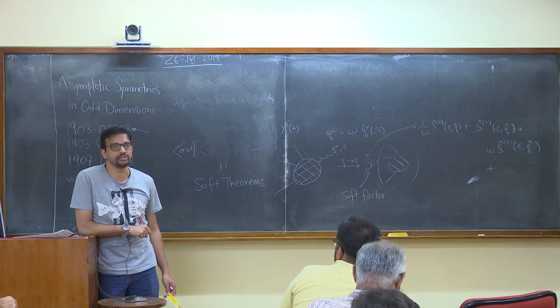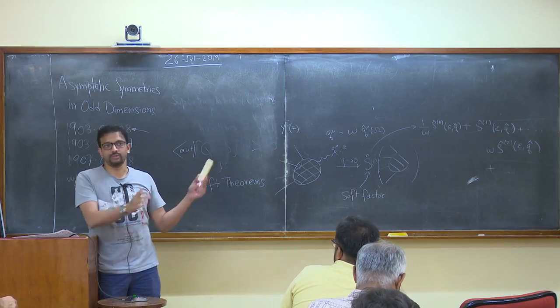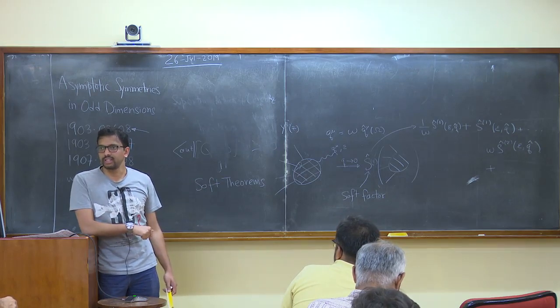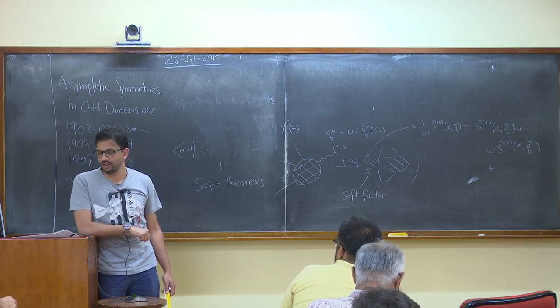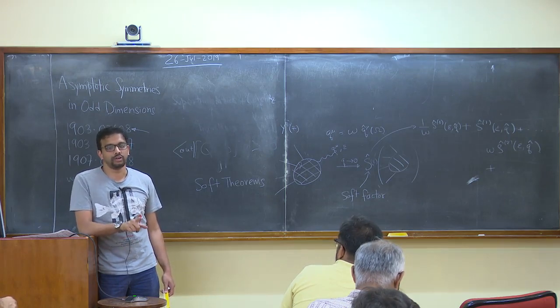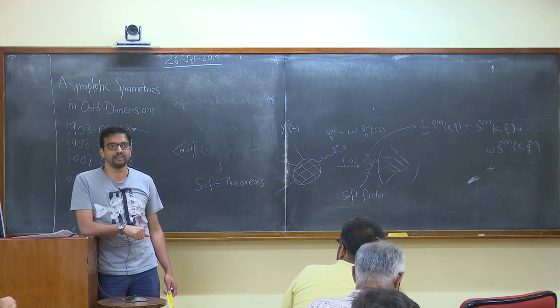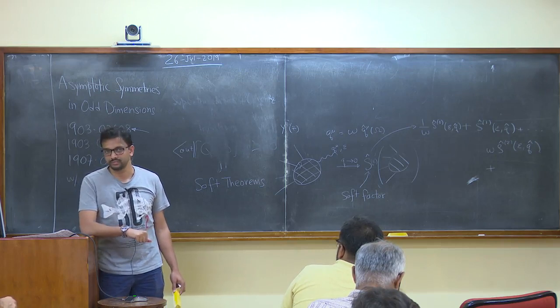That's been completely understood, and it's been related to the soft theorems and asymptotic symmetries. I think this was relatively recent work by Strominger and Monica Pate and Anna Raclariu. But memory is not understood at all in odd dimensions. I'll make a comment about that if I reach that point.